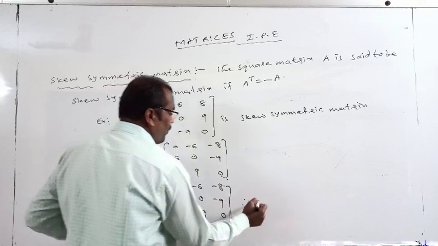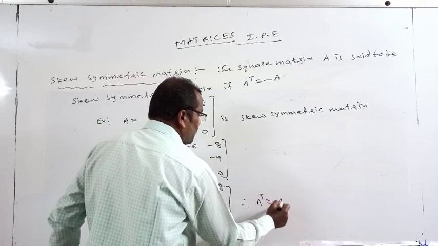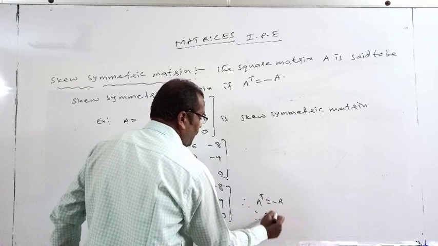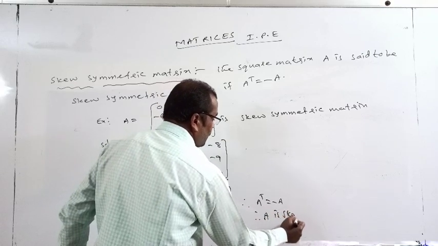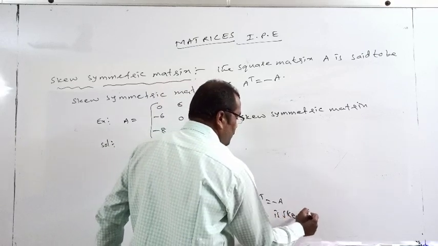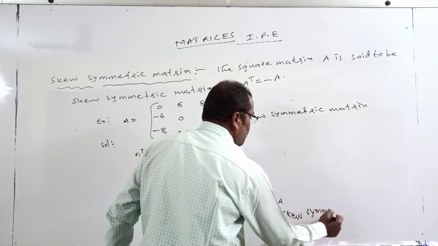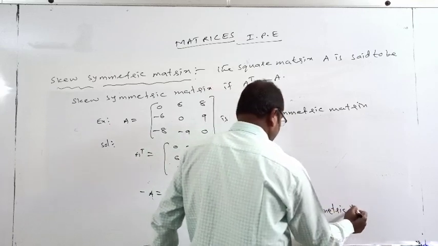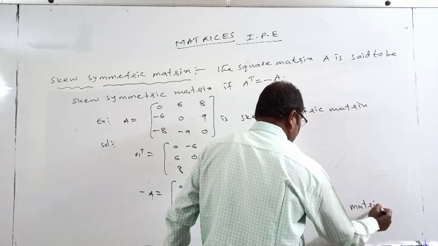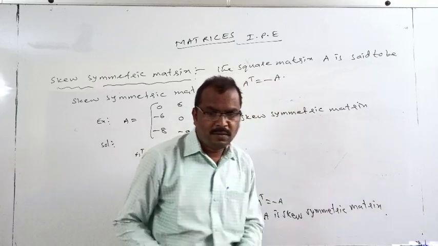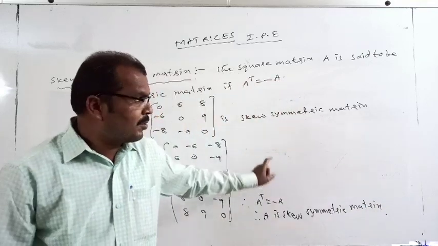Therefore A transpose is the same as minus A, which means A is a skew symmetric matrix. So this is the example of a skew symmetric matrix.